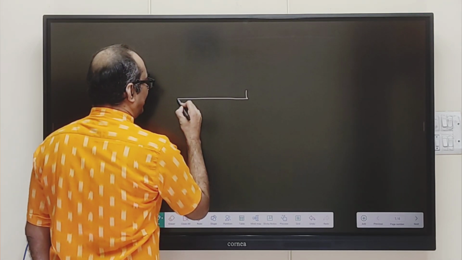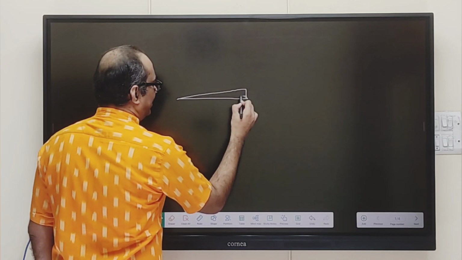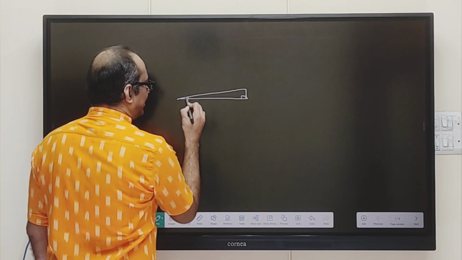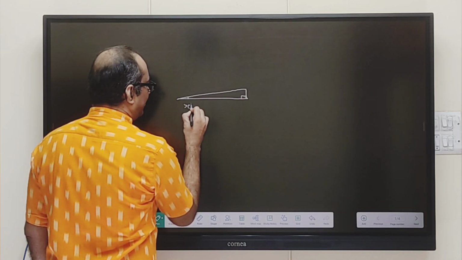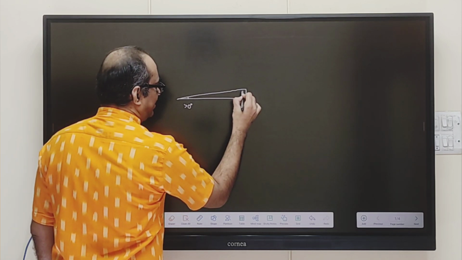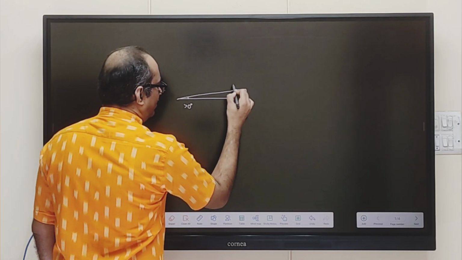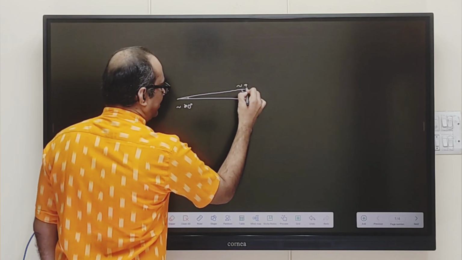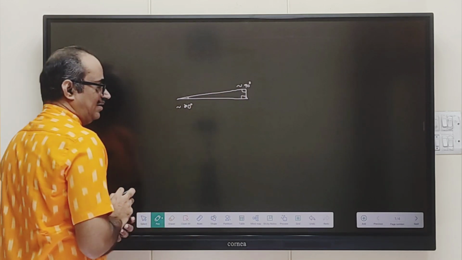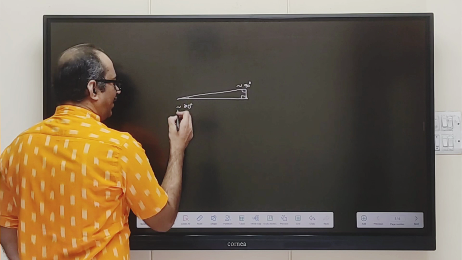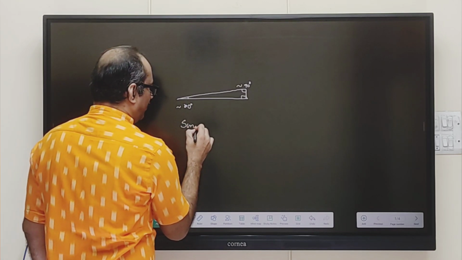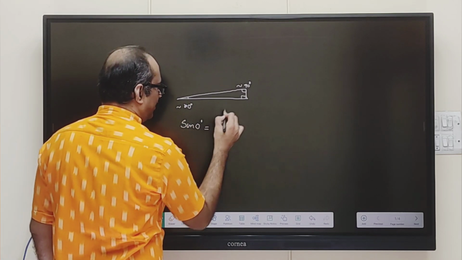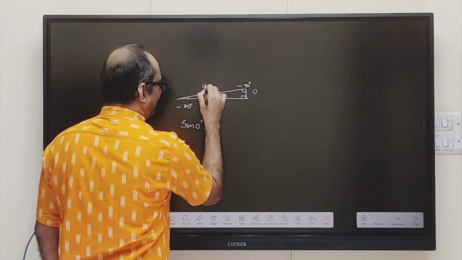So basically, let us say that we have, this is 90 degrees and this angle is almost equal to 0 degrees. That means this angle is almost equal to 90 degrees. Now, when you look at sin 0, what will be sin 0 degrees? Opposite divided by hypotenuse.